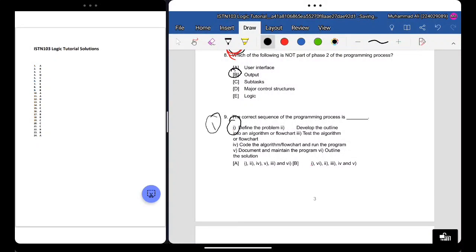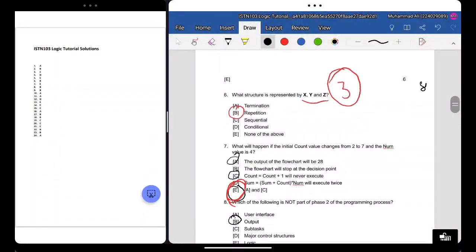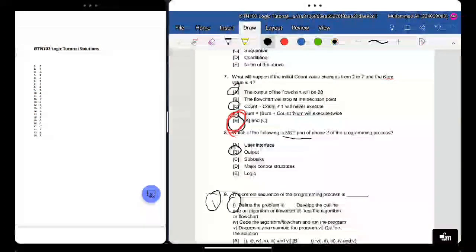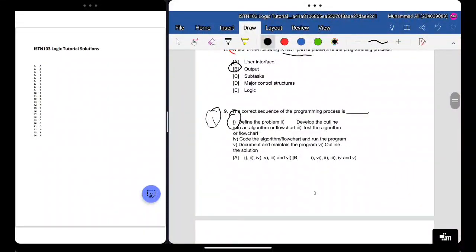In defining the problem, you say the input, process, and output. So that's the first step. That is why over here I said it's going to be output, because it's not part of phase 2, it's part of phase 1. That's all part of phase 2, all these things. Then let's see, what is 2? Outline the solution.